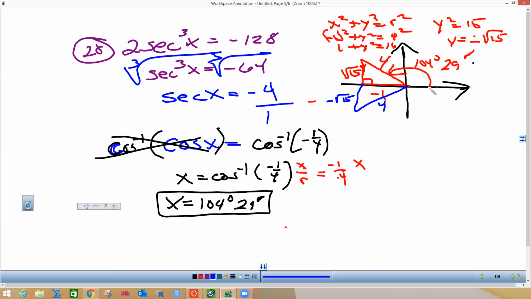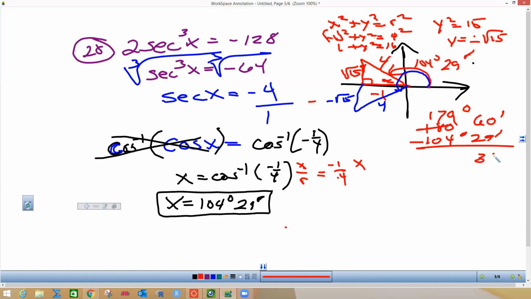Now I've got to figure out what the angle is from here all the way down to there. This is where something we haven't done yet comes back into play. We need a reference angle in the red one. Can anybody tell me how I can find this reference angle? That's right. You take 180 minus 104 degrees, 29 minutes. We borrow a degree and move it over to minutes.